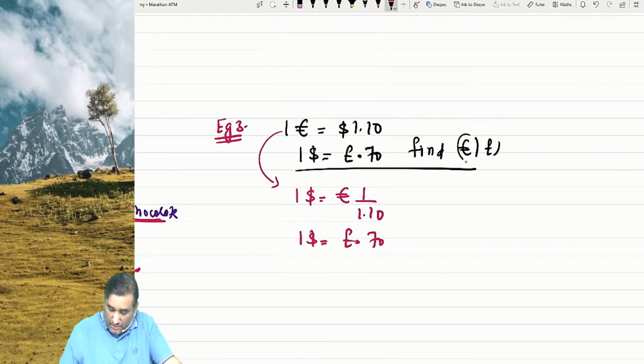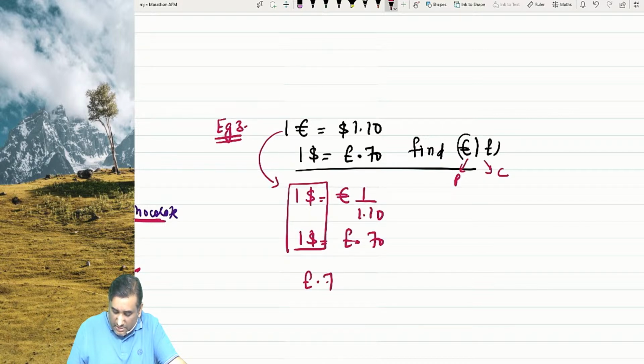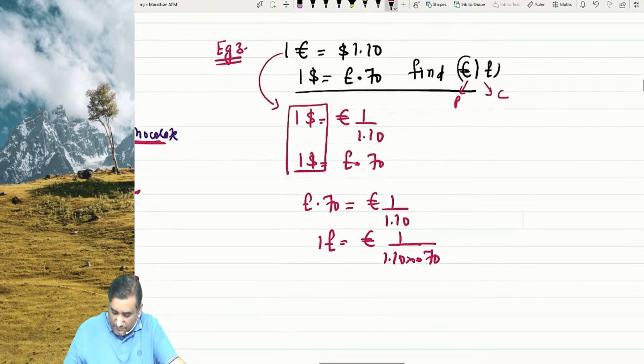And you have to bring this, euro per pound. Euro is price, pound is what? If this is same, right hand side would be same. What do you get? Pound 0.70 should be equal to euro 1 divided by 0.70. So 1 pound would be equal to euro 1.298.